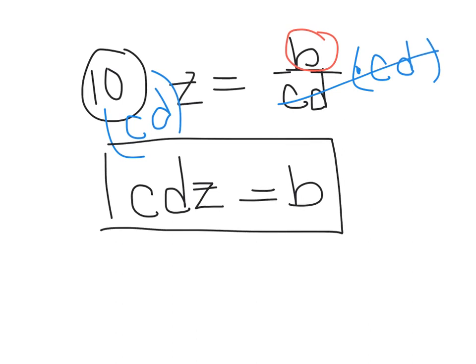I'm going to skip 11 and 12. Let's go to the back side. Let's try number 14. Number 14 says that C equals 2 pi r. And it says that I want to solve for my r.